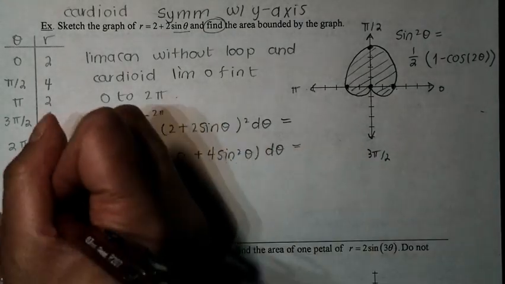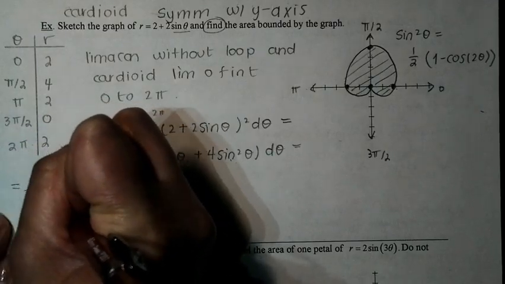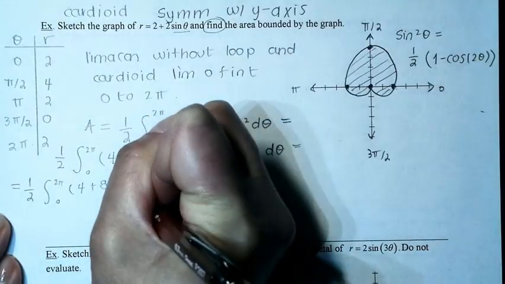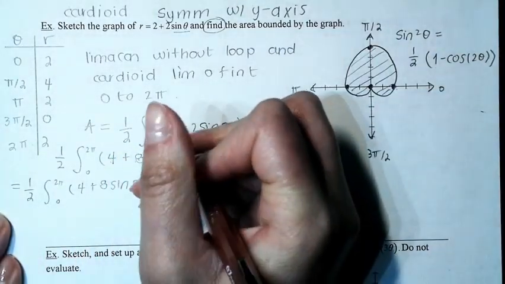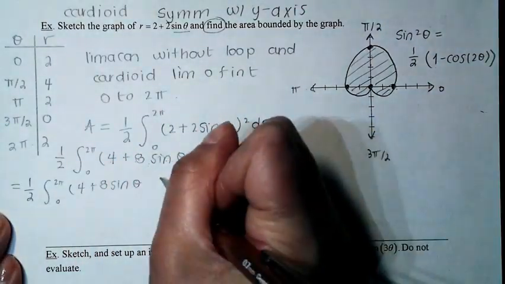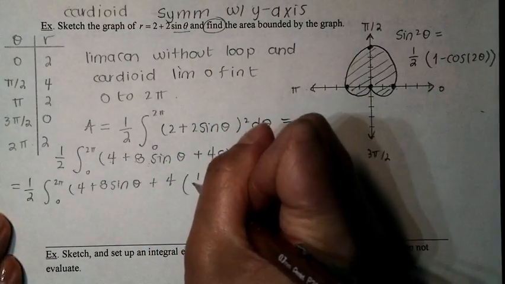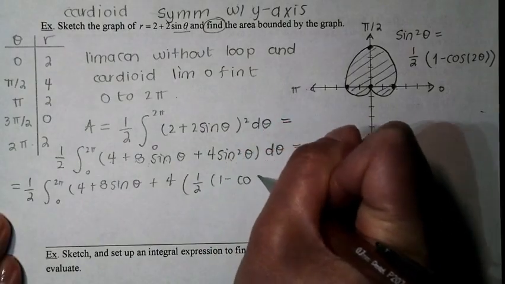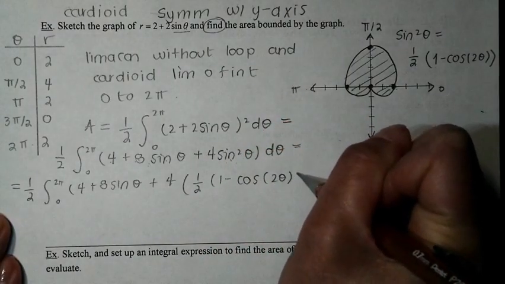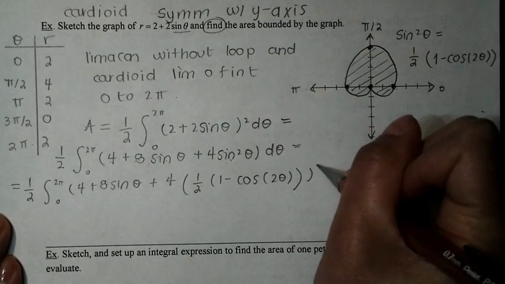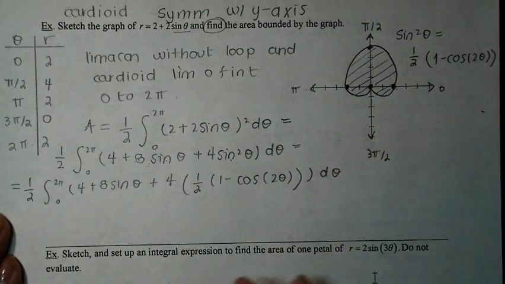Let's simplify. 1/2 integral 0 to pi, and then you have 4 plus 8 sine theta. You are going to have your beautiful 4 there if you want, and then instead of the sine square, you are going to plug in 1/2 times 1 minus cosine of 2 theta, close it, and then I'm going to close my other parenthesis here, d theta. So that's what you have.